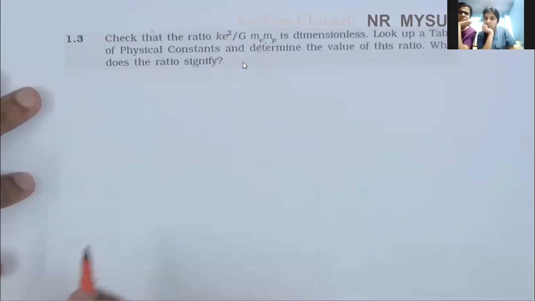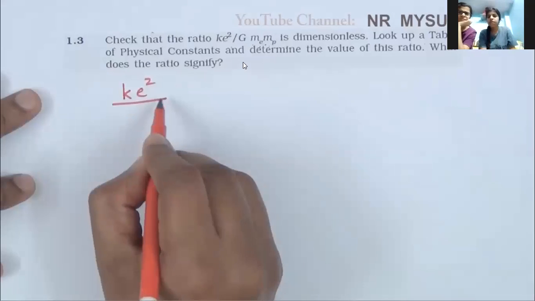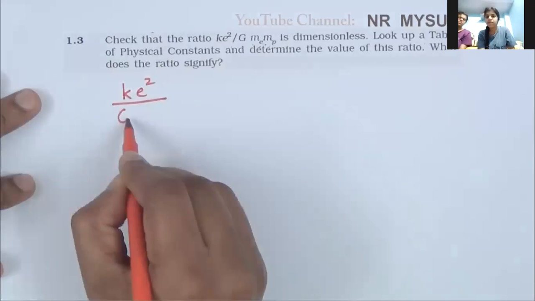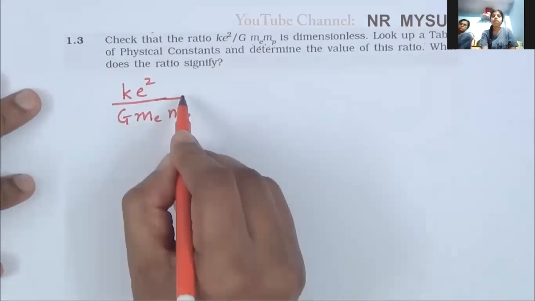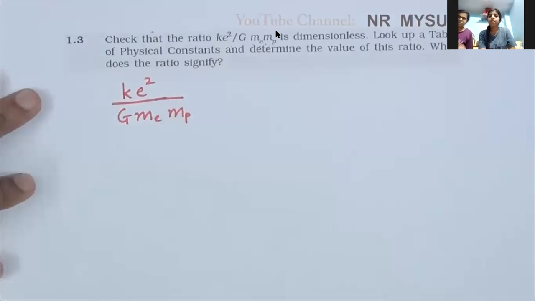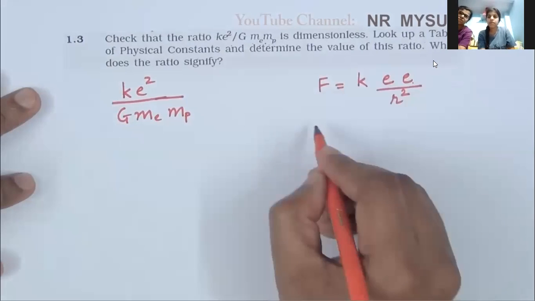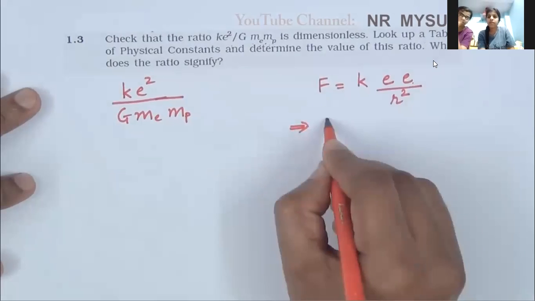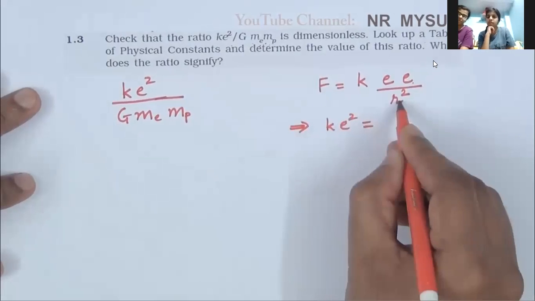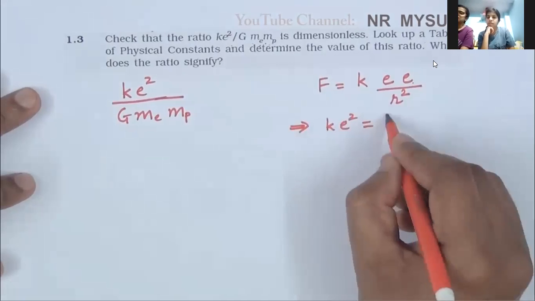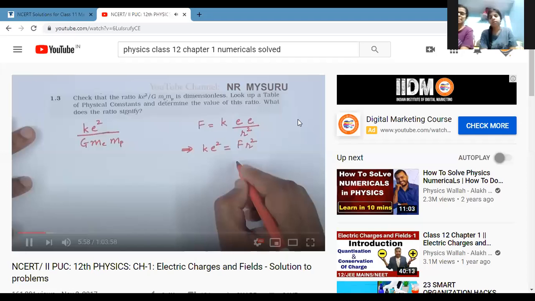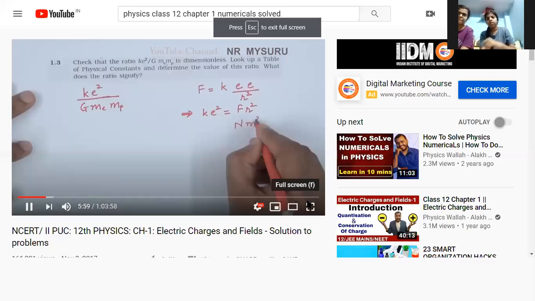Electrostatic force between two charges is k times charge of electron times charge of proton divided by distance squared, which implies k e squared is force into distance squared. Force into distance squared is Newton meter squared.